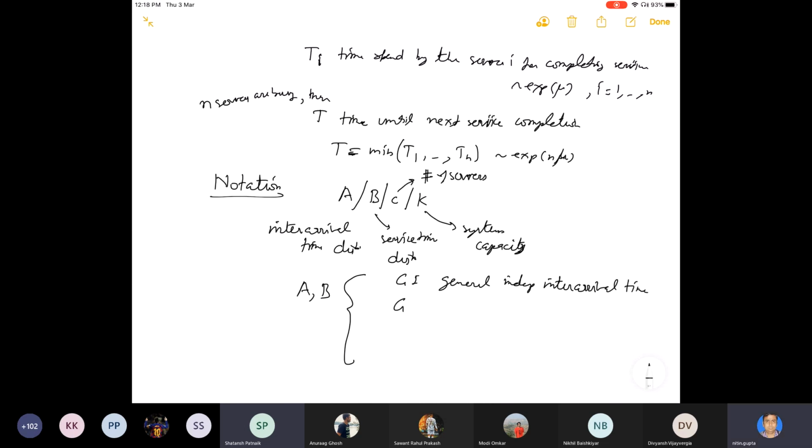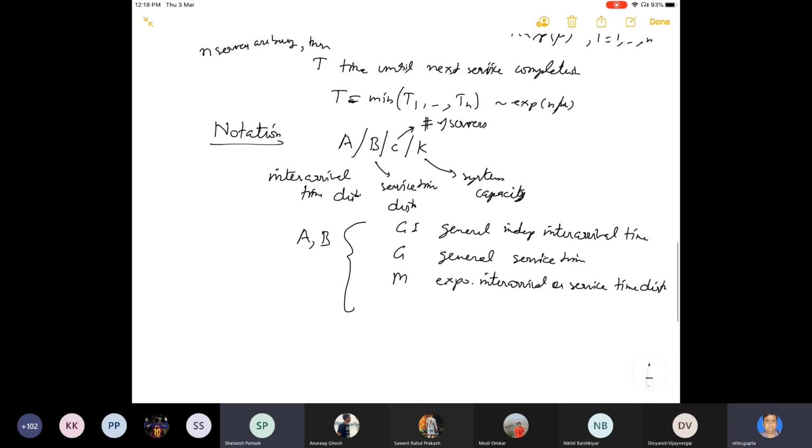G is the general service time. M is the exponential inter-arrival or service time distribution.